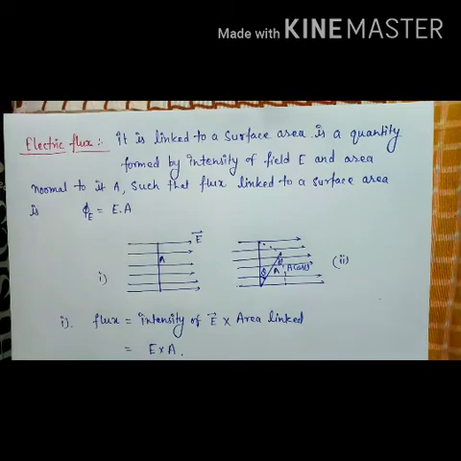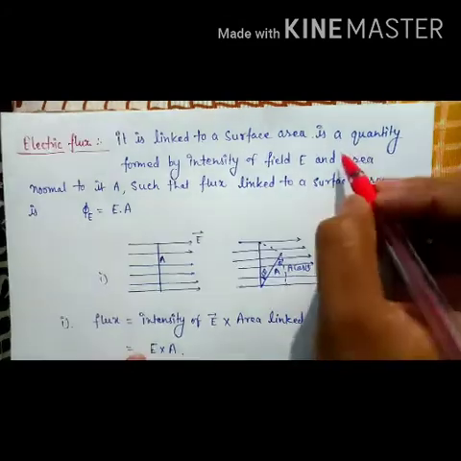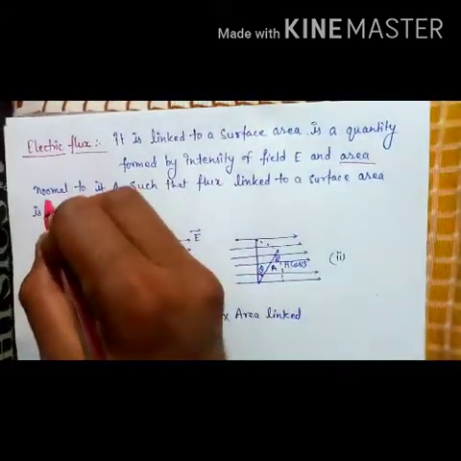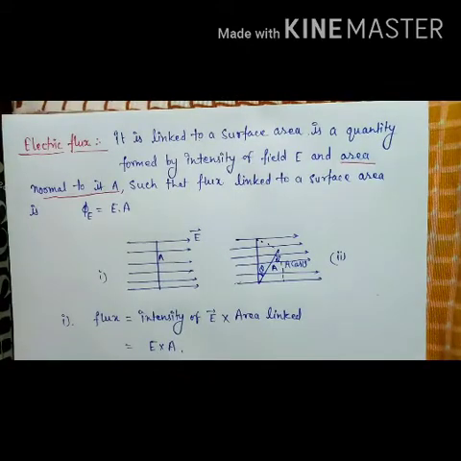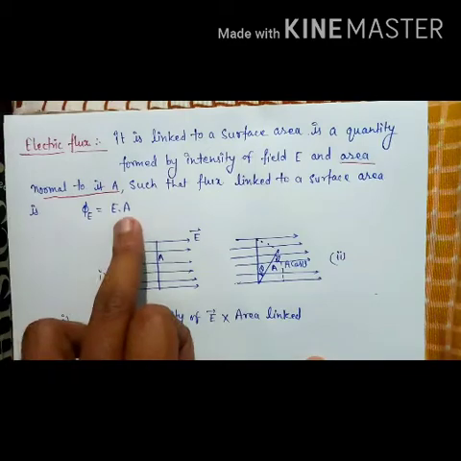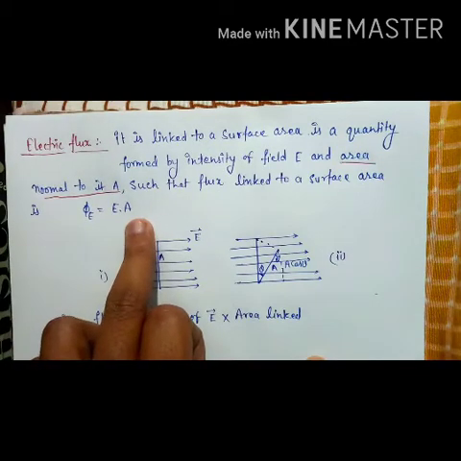So we can say electric flux linked to a surface area is a quantity formed by the electric field E and the area normal to it, A. That is very important: area normal to it, A, such that the flux linked to a surface area is phi E equal to E dot A.